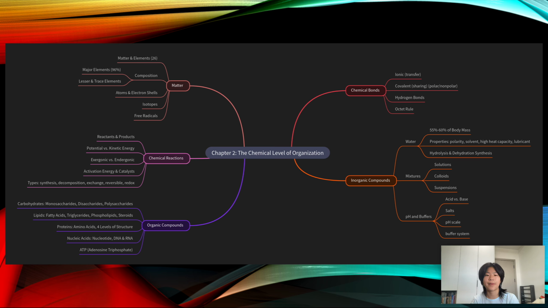Then we're going to talk about the inorganic compounds in our body, which specifically we'll be spending some time on water, some of its properties, and why it's especially important for us. We'll talk about hydrolysis and dehydration synthesis, which are 2 important types of reactions that water supports. We'll talk about mixtures in our body and also pH as well as buffers.